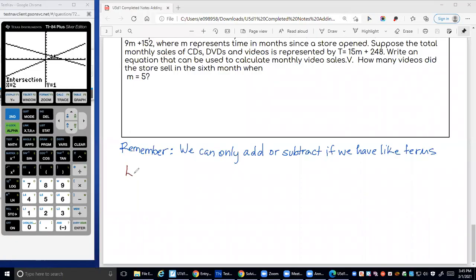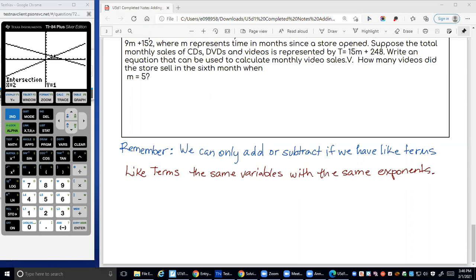Yes. Like terms, y'all are absolutely correct. Like terms have two things in common. They basically have the same variables with the same exponents. Okay, and that's basically it.